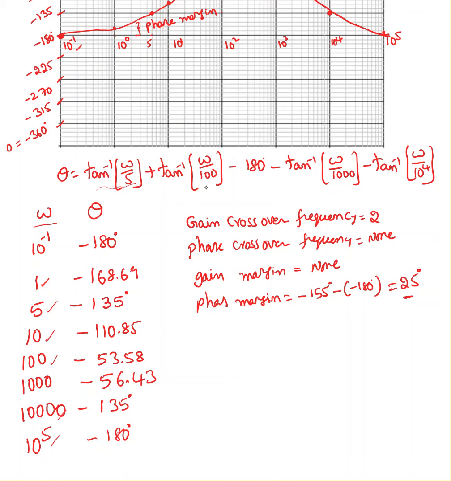This value might be like 0.01 degree, and these values are negligible, I mean 0.1 over 1000, 0.1 over 10,000. So at 10 to the power of minus 1, approximately that value is minus 180. At 1, minus 168, minus 135. These are all approximate values but very close to the real values.